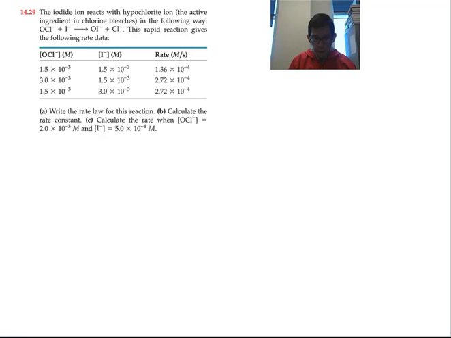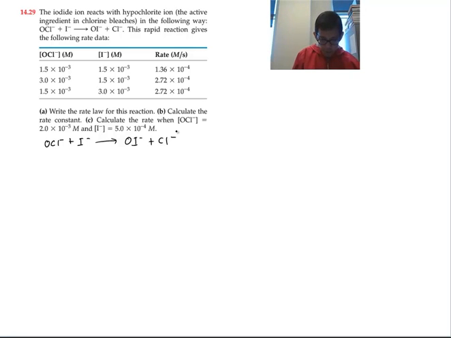The iodide ion reacts with hypochlorite in the following way. OCl⁻ plus I⁻ gives OI⁻ plus Cl⁻.